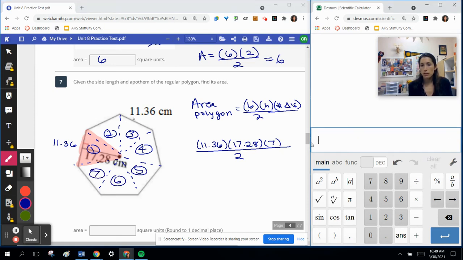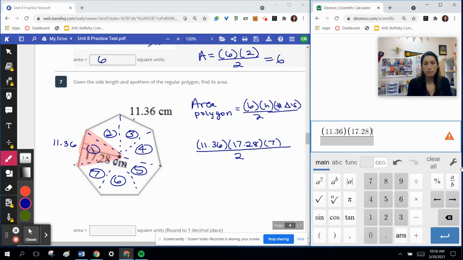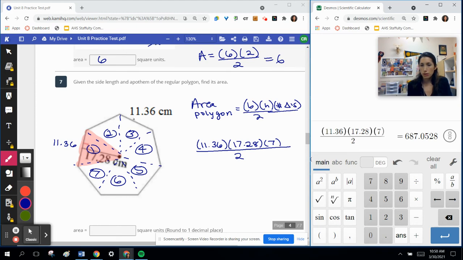So when plugging this in, I would set up 11.36 multiplied by 17.28 times 7, and then that's all divided by 2. This is going to be our total area, and we're rounding this to 1 decimal place. So this 0 here would round to 1, so 687.1 square units.